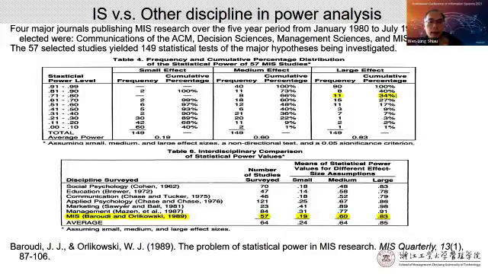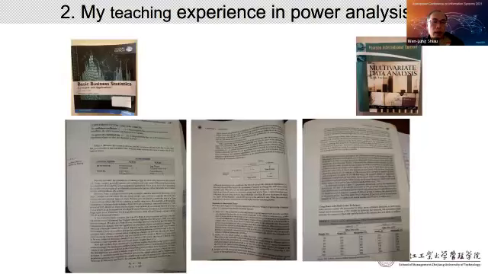The medium is about 66%, and for the large effect, they still have 34% below 0.8. In our field, you can look at table 6. We are better than a few disciplines and not as good as other disciplines. That's 30 years ago, and now we still have the problem. We overlook or neglect the power analysis.